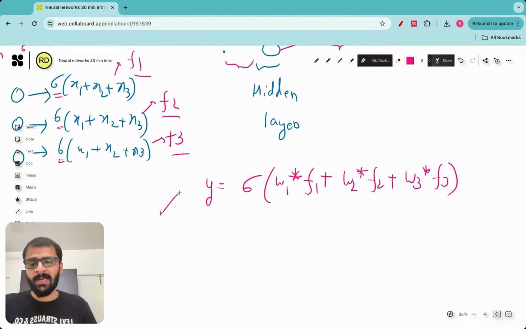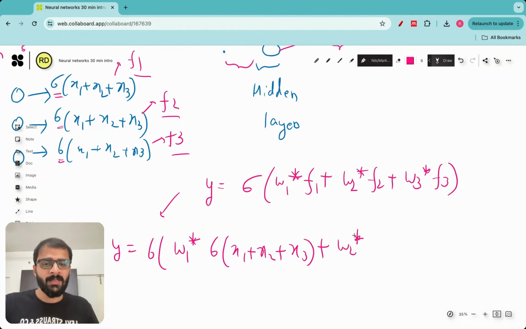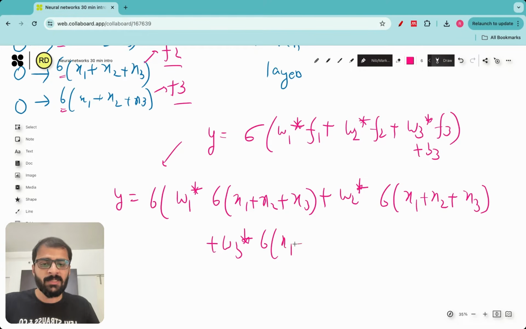Then y is equal to sigma of W1 star into sigma of x1 plus x2 plus x3. When I say sigma, it's sigmoid. Plus W2 star sigma of x1 plus x2 plus x3, plus W3 star sigma of x1 plus x2 plus x3.